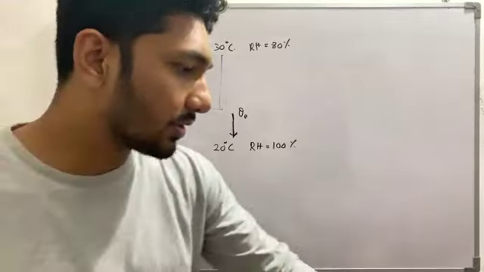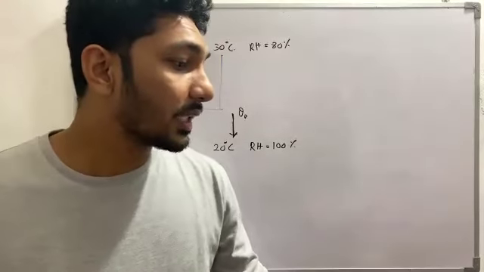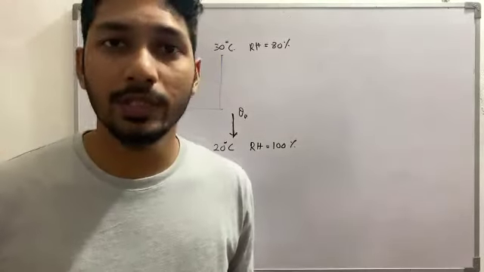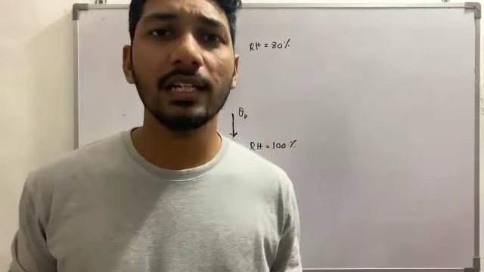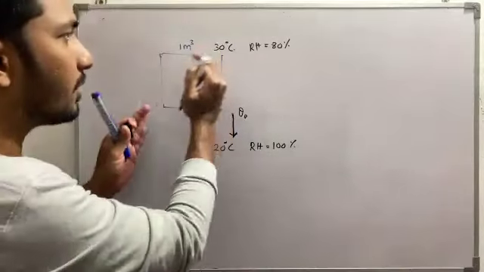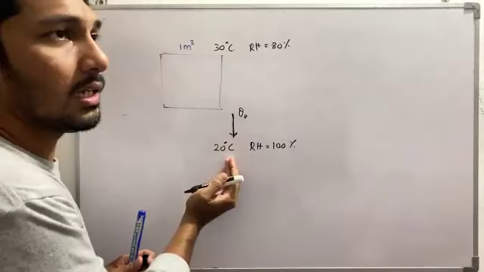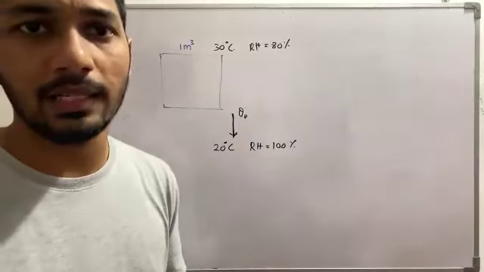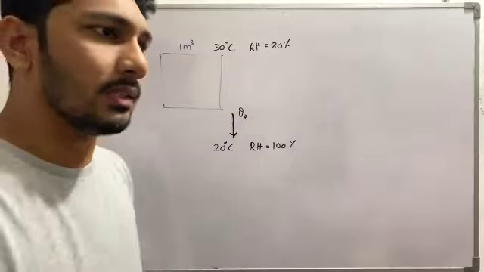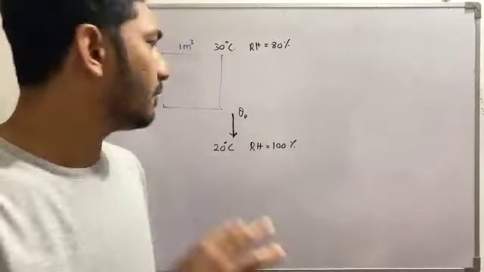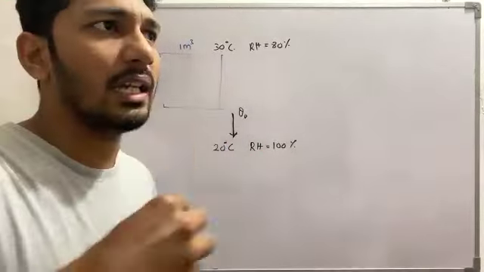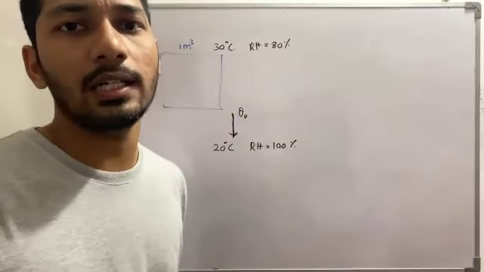And they also say 50% of the condensed water is removed. There is a condensation also. When the room is not enough to hold that water vapor at that particular temperature, the maximum capacity will be there, but anything that exceeds that will undergo condensation.